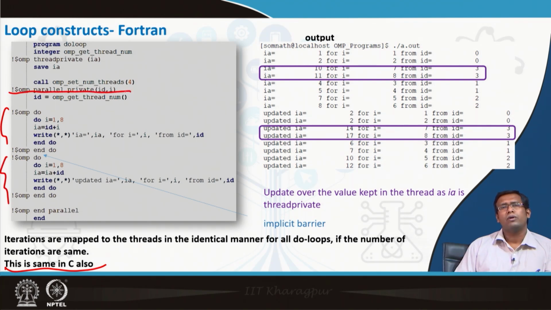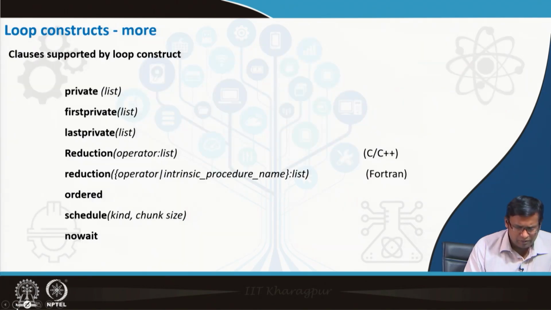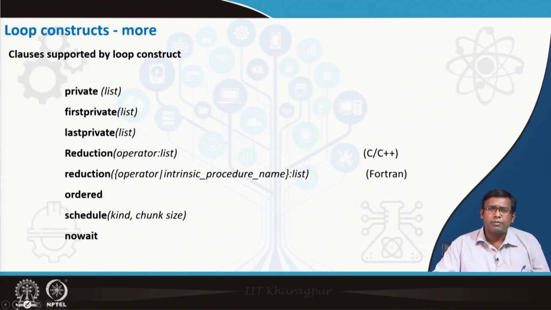They should follow the OMP parallel or hash pragma OMP parallel directive, and be inside the code block associated with the directive. The clauses supported by the loop construct are private, firstprivate, which we have discussed. Reduction, we can do reduction using the loops also. Ordered, schedule. In schedule I told you.